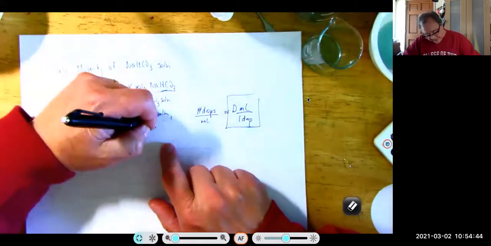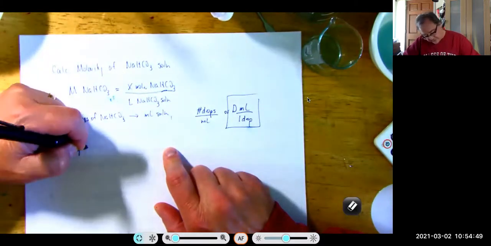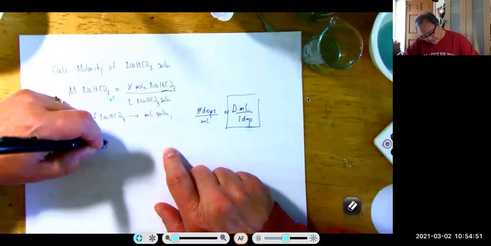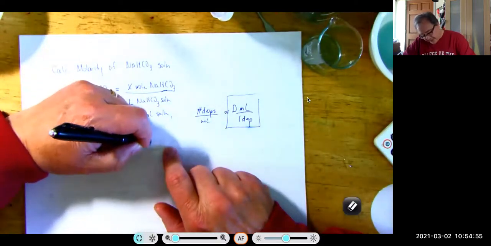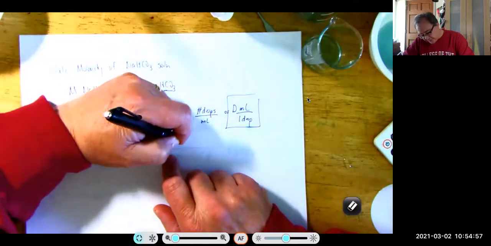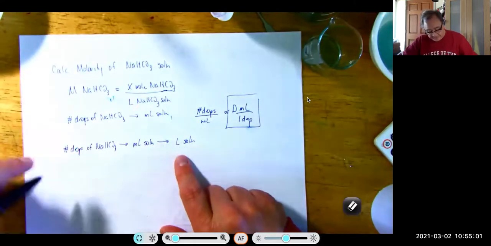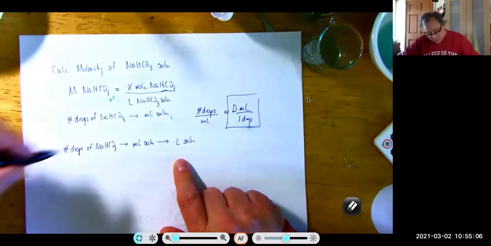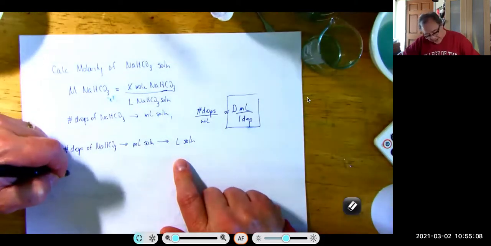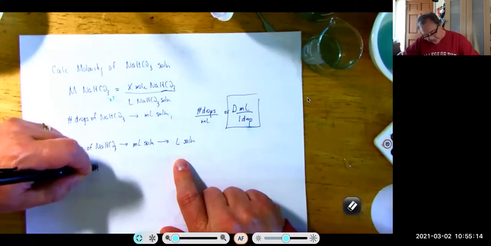Then you can take that, I'm going to write this down here. You can turn that into milliliters of solution, and then you can turn that into liters of solution, because to calculate the molarity, you need liters of solution. Okay, how do you get your moles of sodium bicarbonate? Well, you have your grams, K grams of potassium hydrogen phthalate.